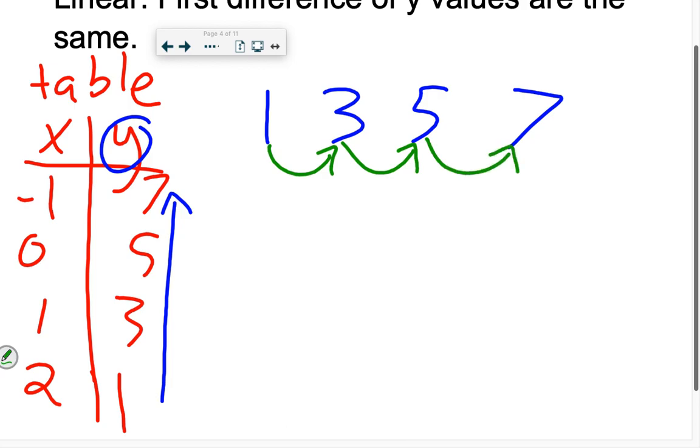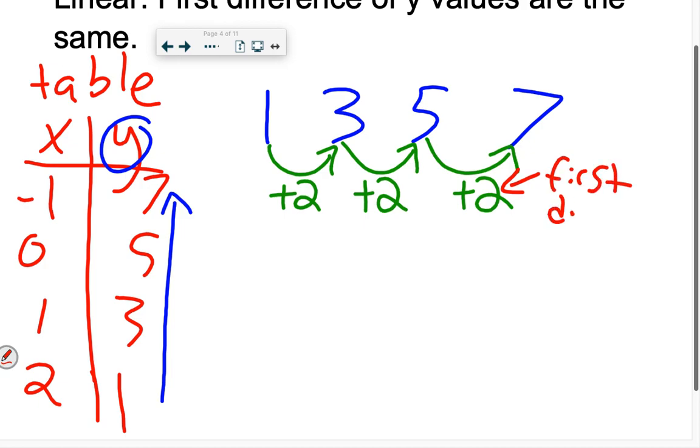So let's see. You have to think, what do you add to 1 to get to 3? Or what do you subtract from 1 to get to 3? Hopefully this one's obvious. Plus 2, right? From 3 to 5, add 2. From 5 to 7, add 2. This right here is called the first difference.